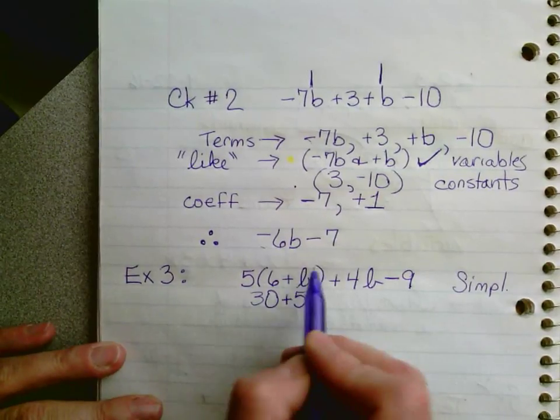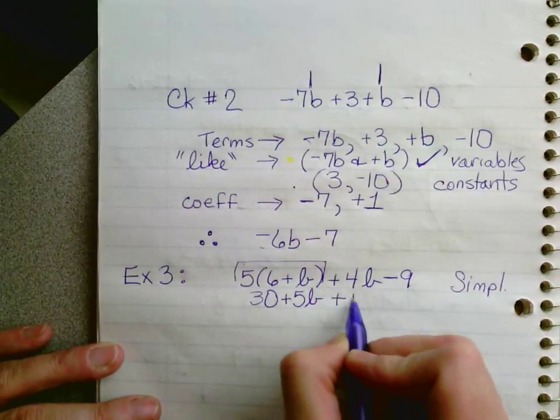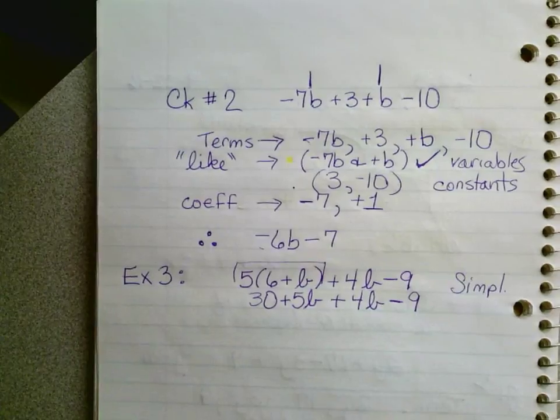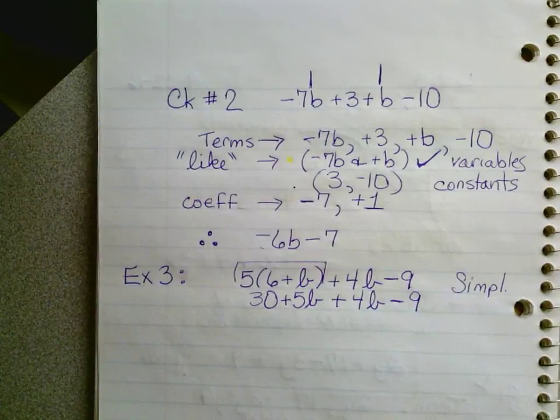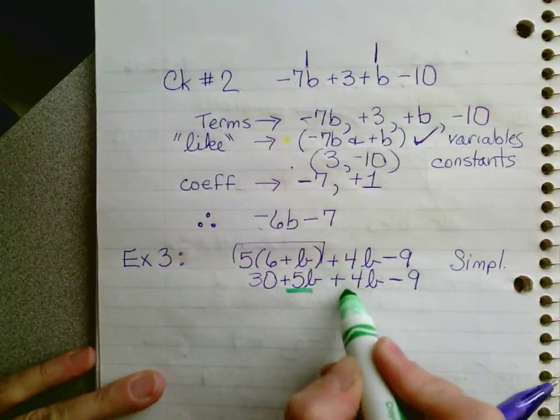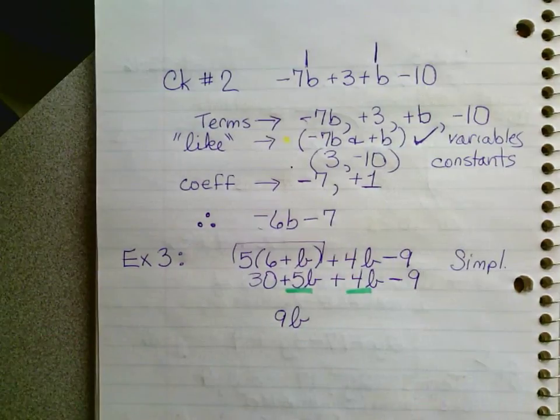Okay, so I've just simplified this piece, to which I know I am adding a 4b and a -9. So I have variables and I have constants, okay? Which ones are my variables? And let's combine them. Grace. What's the result? 9b is right. And I have constants laying around.